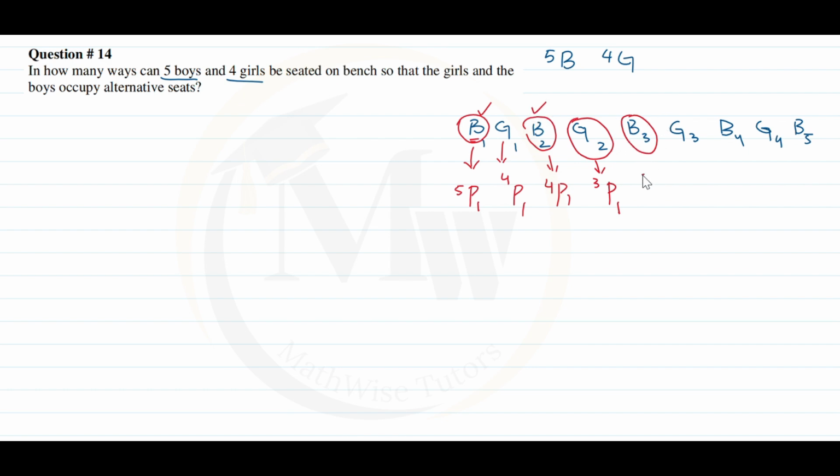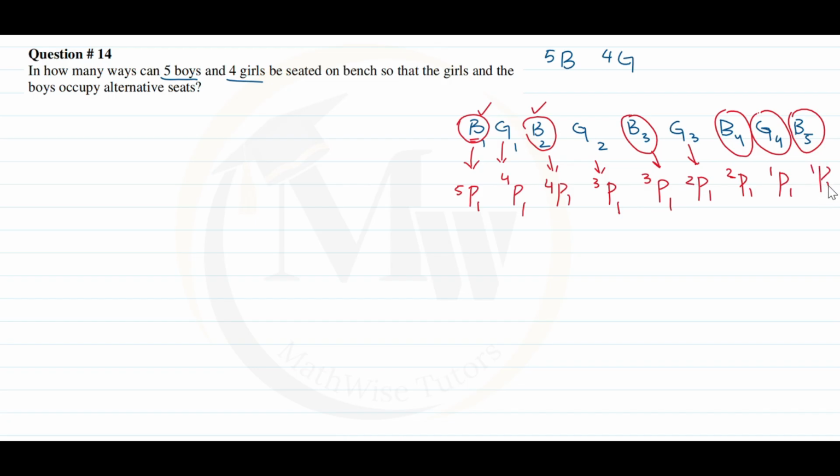And here we have already chosen 2 girls before, so the third girl will be chosen from the remaining 2, so 2P1. Now when choosing the fourth boy, we already chose the third before, so from the remaining 2 we need to choose one, and for the last girl we need to choose one, and for the last boy we need to choose one.